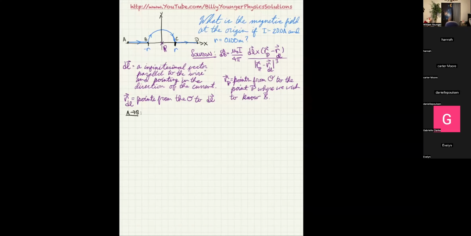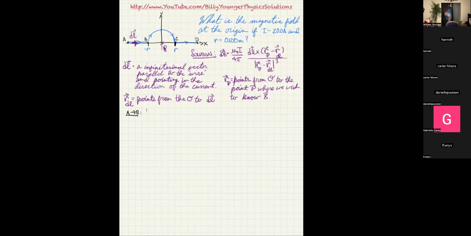At A to B, I'm going to make a little differential line element right here that has a vectorness associated with it. So maybe I'll draw it like this so y'all can see it as a vector. And that little thing is going to be dl.